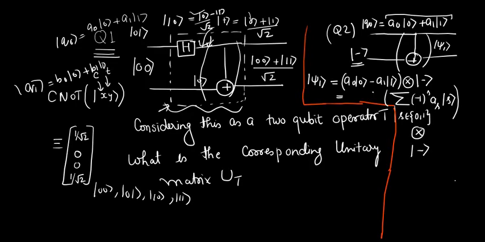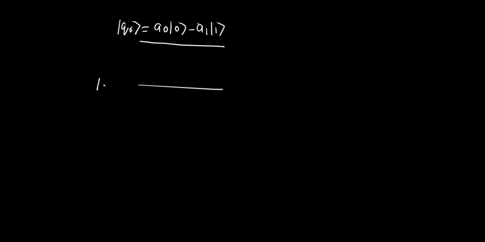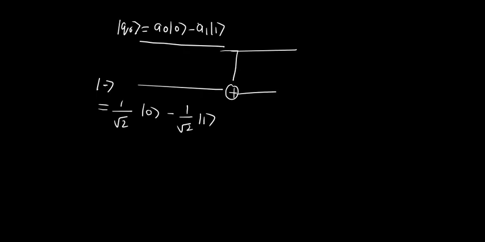Once you solve it, you will see we have A0|0> plus A1|1> as my first qubit. The second qubit is this.